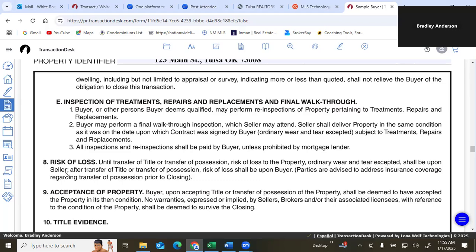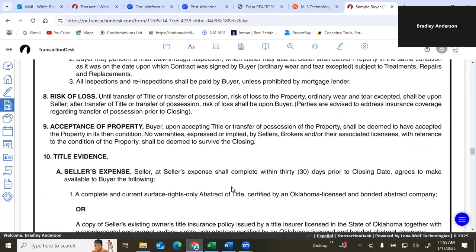So that's on the seller to repair and replace and restore that home to its original condition as it was when the contract was signed. Okay, after the transfer of title or possession, risk of loss shall be on the buyer. Parties are advised to address insurance coverage regarding transfer of possession prior to closing.